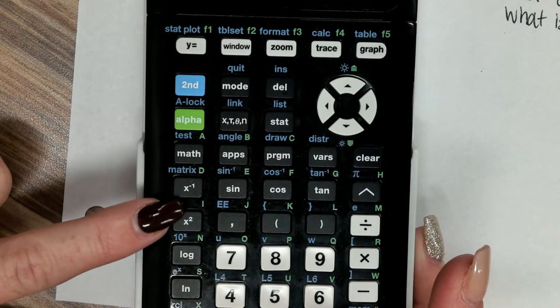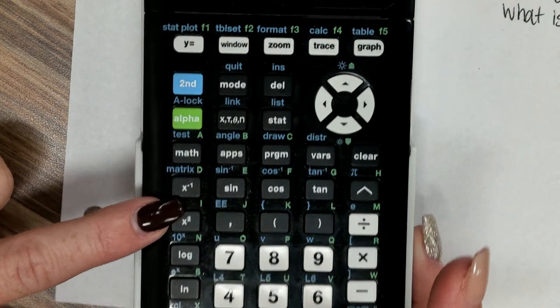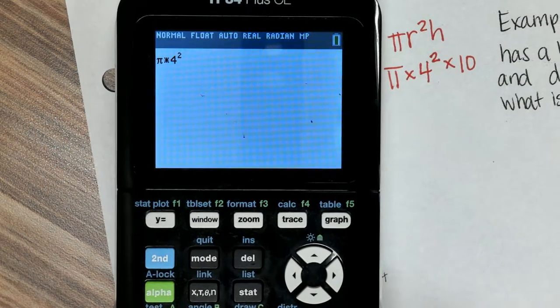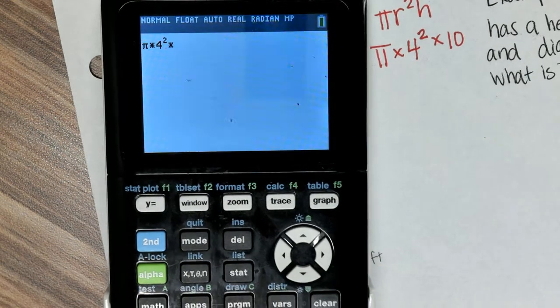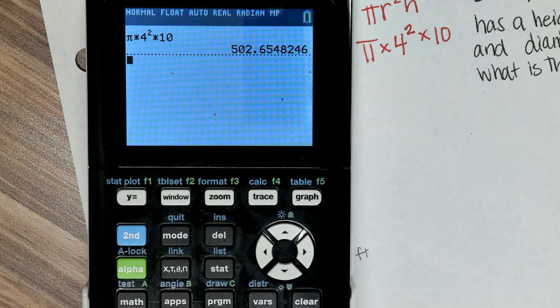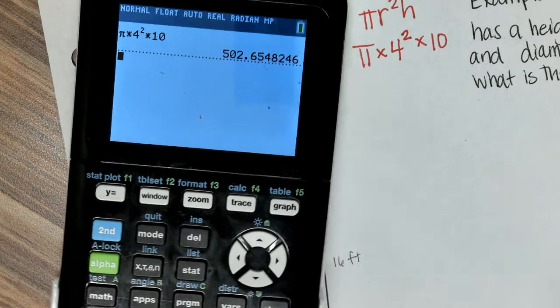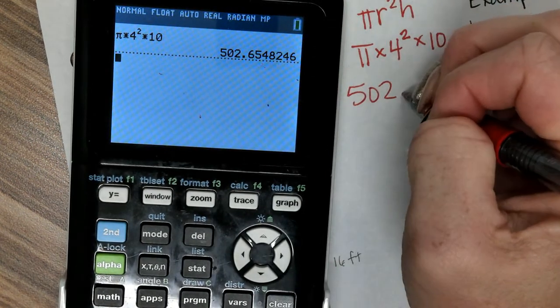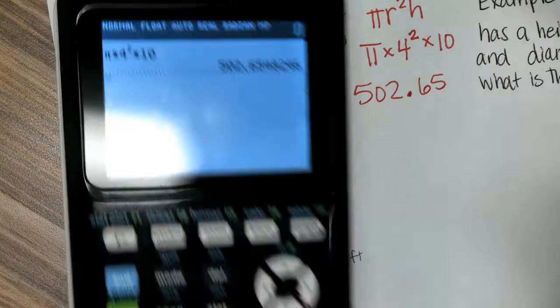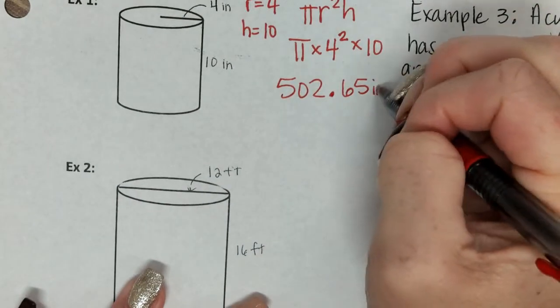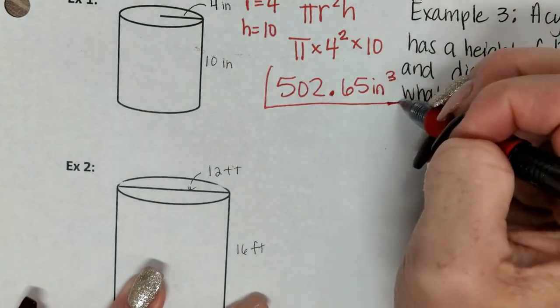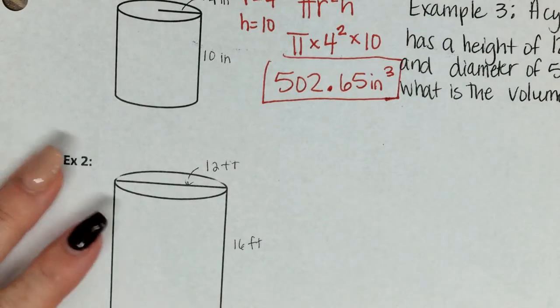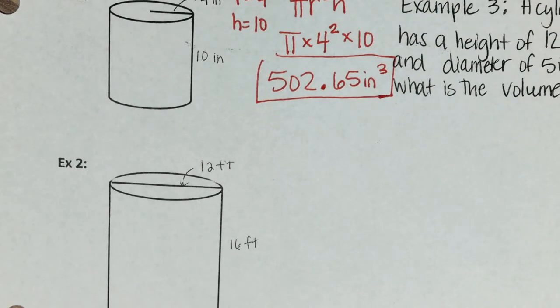Y'all remember the shortcut button? Pi r squared times 10. Do we write that whole thing? No. Nope. 502.65 inches cubed, because volume's always written to the third power. What do y'all think? Easy?